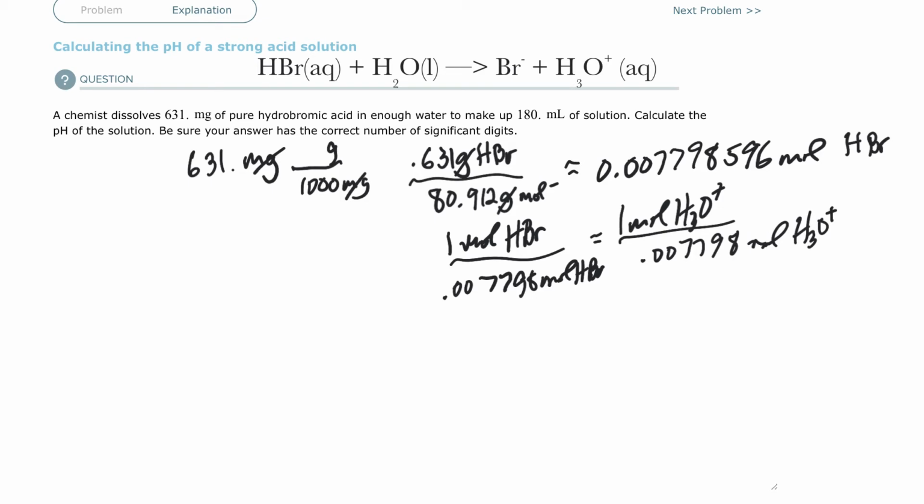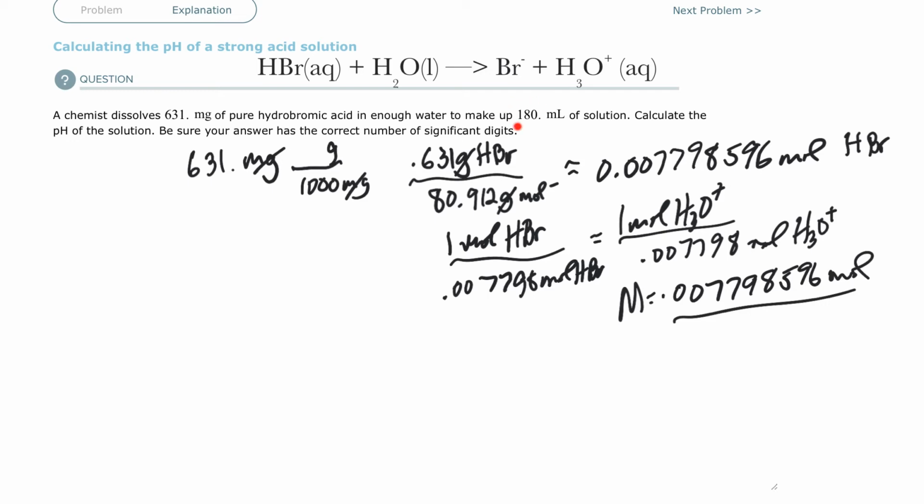So if we know the moles, how do you find the molarity? Because remember, the molarity is the concentration. So molarity is moles over liters. I have moles, so let's say molarity is 0.007798596 moles over how many liters?